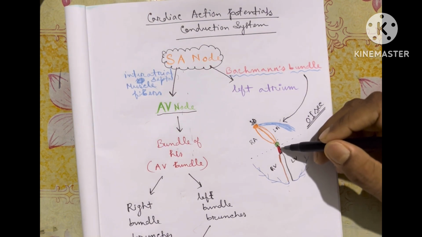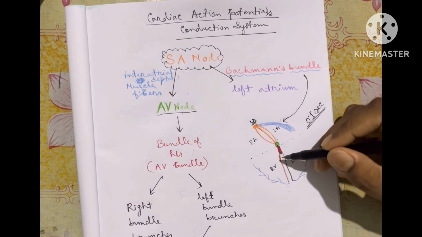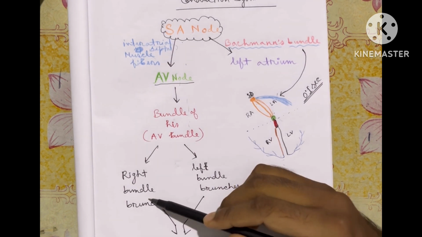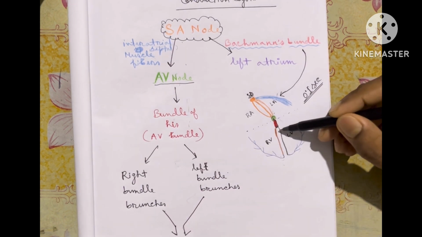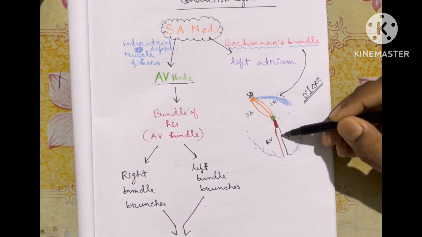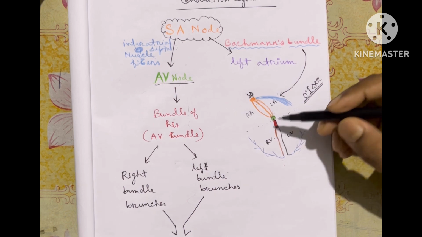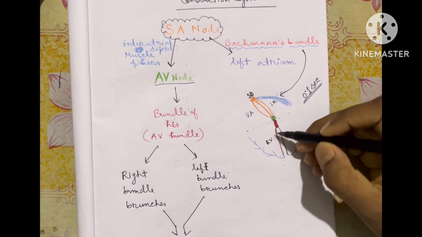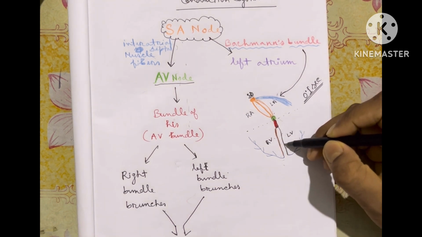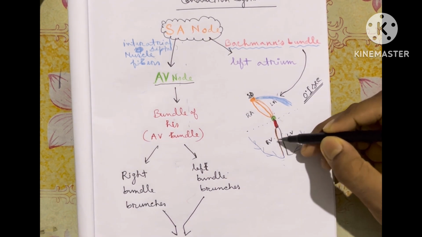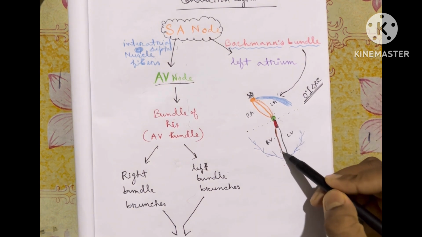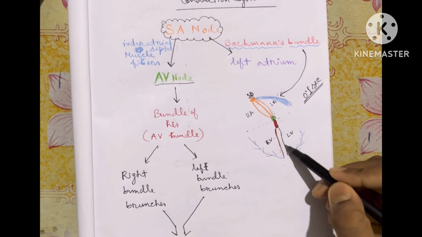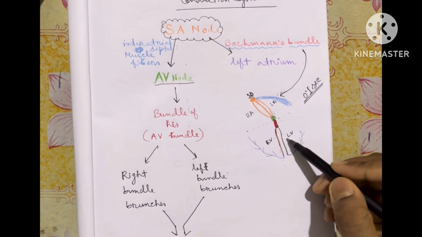Now the bundle of His sends the signals through the right bundle branch and the left bundle branch. This is our right bundle branch, and this is our left bundle branch. Why is it the right bundle branch? Because this bundle branch is present towards the right side, and this is our left bundle branch because it is present at the left side.